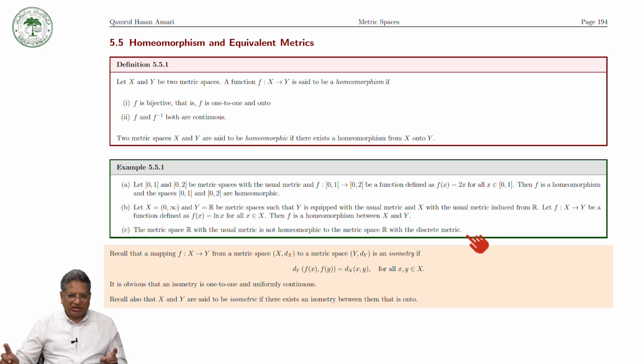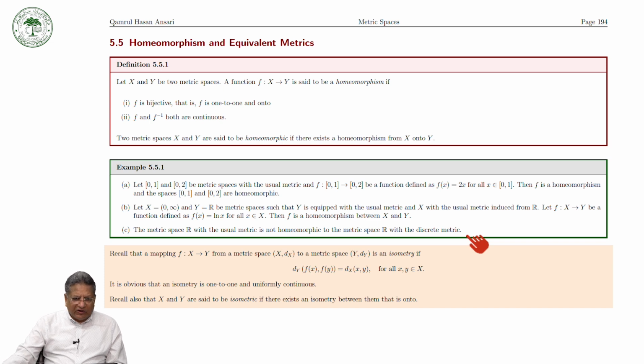So although the set is the same, R with the usual metric and R with the discrete metric are not homeomorphic. That is to say, you cannot find any function which is continuous and whose inverse is also continuous.